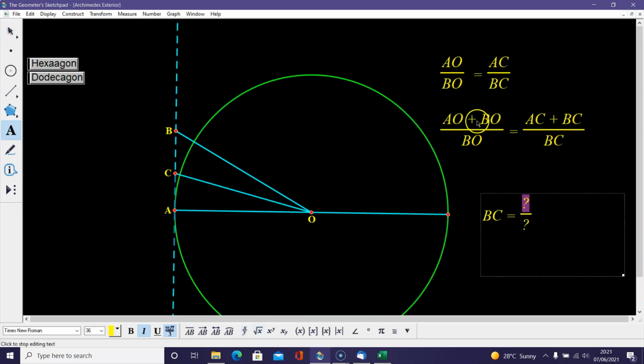So I'm going to multiply BC up. So this sum would take its place down here, and BO would have to come up. So I'm going to have BO, sorry, typing's being a problem, times the sum of AC plus BC, and that is going to be over AO plus BO.